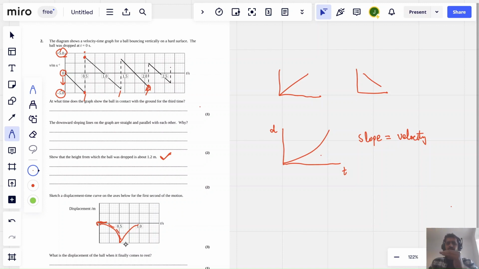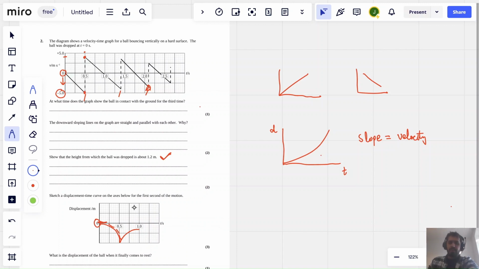It means that it will not go up to the same height. It will not go up to the same height of 0 or this ground level. It will be somewhere here. And they asked us to draw the graph for the first second. So this is the first second. And that's it. I hope you understood the thing about the slope of the line.